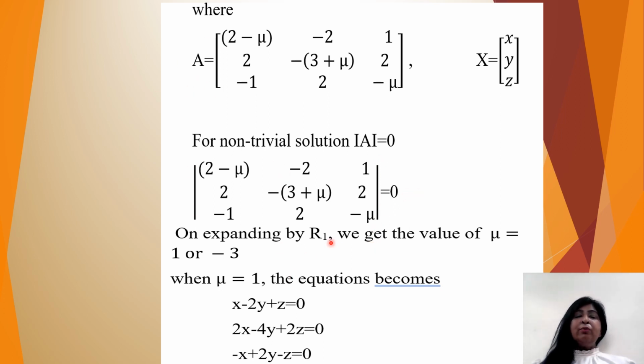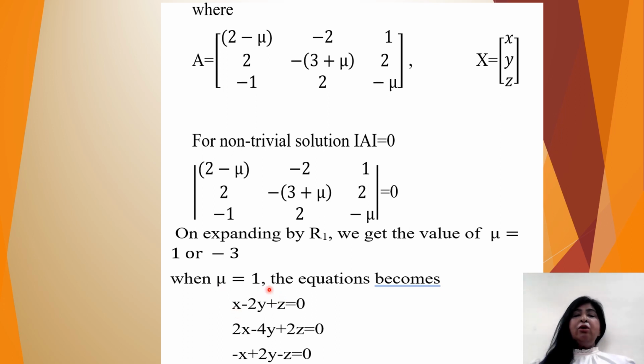When you expand this by R1 or R2 or R3, we get the values of mu as 1 or minus 3. You can expand it; a lot of questions we did on determinants. So you can easily find mu is equal to 1 and mu is equal to minus 3. Now we have to find the solutions.